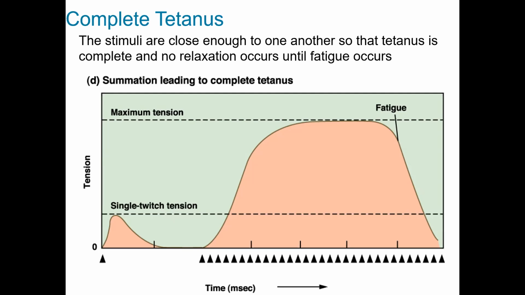Now, what we've done is we've loaded up the sarcoplasm with a lot of calcium. Every time we stimulate the muscle cell, we're causing the release of more calcium, which is binding to more troponins, causing them to roll over out of the way and pull the tropomyosin out of the way, exposing even more binding sites.